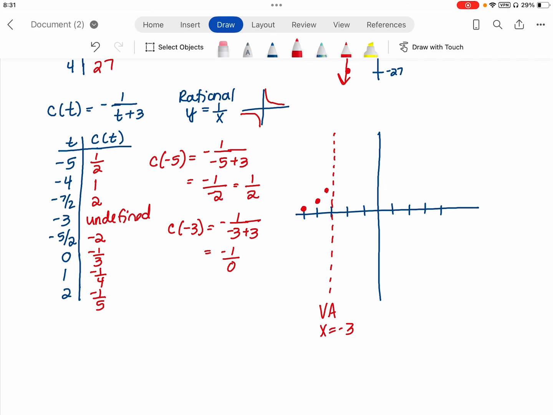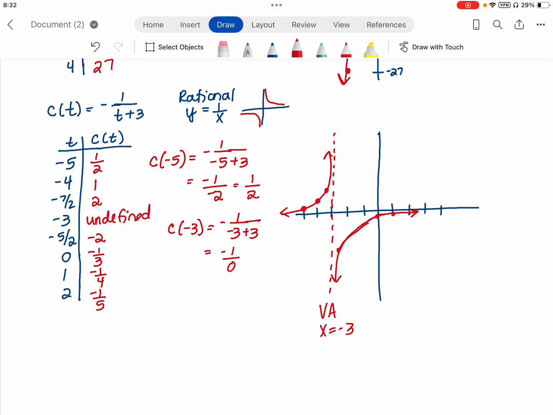At -5/2, we're at -2, so that's going to be kind of like down here. Then I'm just going to continue going up through these really quickly. We end up with a curve that's doing something like this on the left, and a curve on the right that's doing something kind of like this.